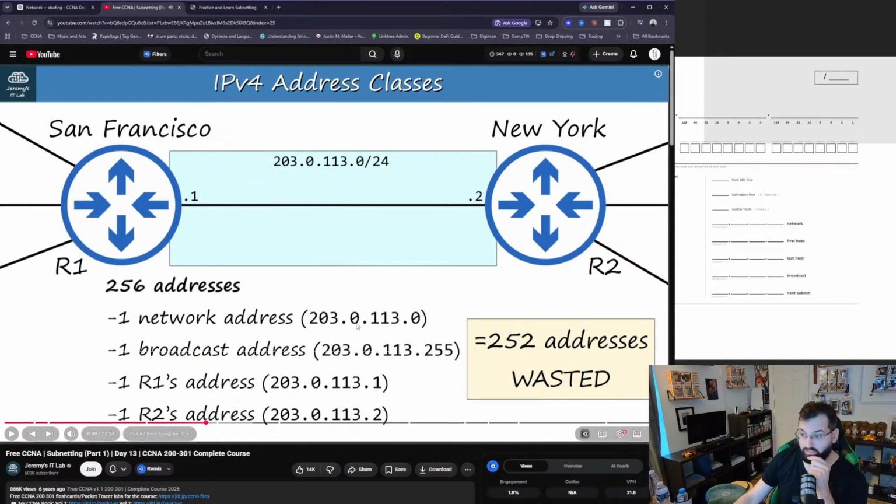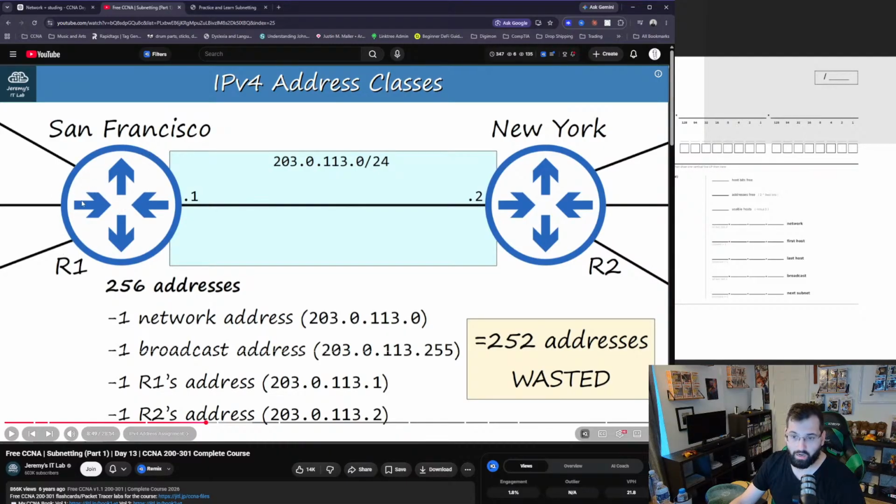Yeah, wow, that's crazy to think. Now, you can subnet a subnet, but we're going to talk about that later. Okay, a network address. So that's the network address, which is what we have right here. And then we have our address for this interface and our address for this interface, which is right here. It's not just R1's address. It's R1's and that interface's address. These 3 interfaces also have different addresses as well.